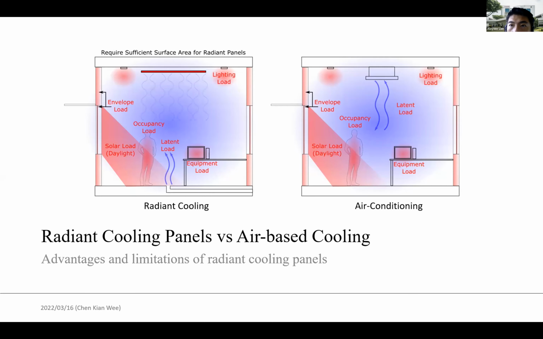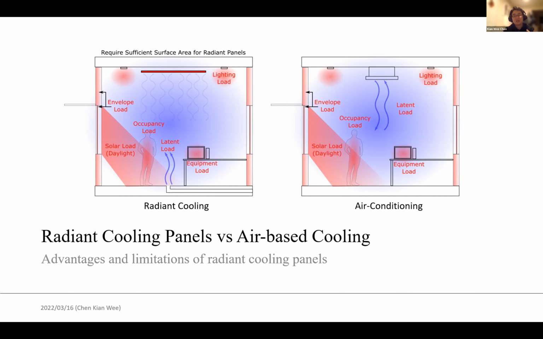But there's a limitation to using radiant cooling. Because you're exchanging heat with the surface, you need to have enough active surface to cool down the space that you're trying to cool. That is an architectural limitation. Let's say your room is at the corner of the building where it's exposed to a lot of sun, so the load is so high that even if the whole ceiling is covered with radiant panels, it's still not going to be able to remove all the loads.